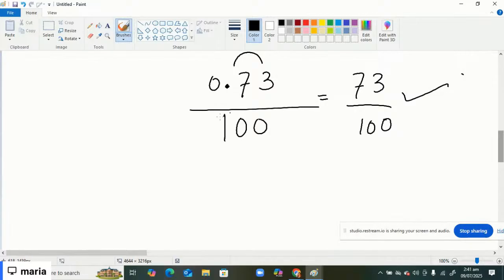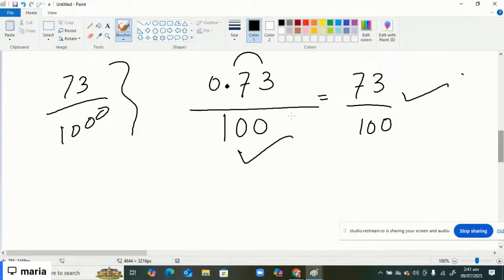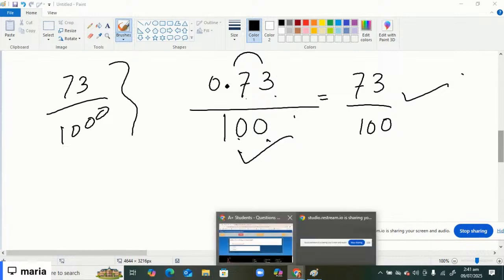Is it the answer, or let me write 73 over 1000? Everyone tell me which one is right. Tell me in the chat, please. 73 over 100, we are just checking how many numbers are available. There are only two numbers, so just place two zeros. 73 over 100 is the right answer.